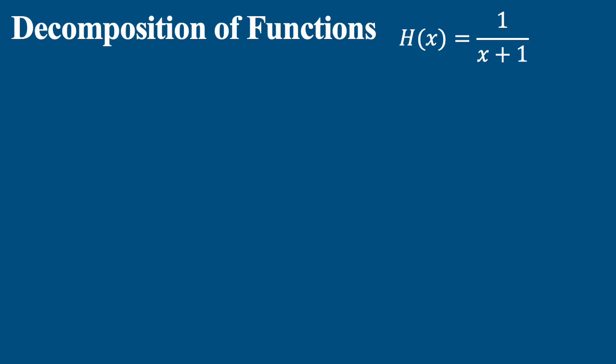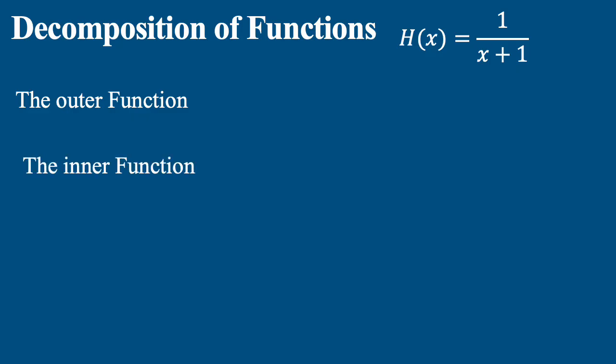Let's have one more example. I give the function h of x is 1 over x plus 1. What is the inner function? What is the outer function, guys? Your guess might be wrong, but keep trying. There's no one specific way of doing this. Make sure you find simpler functions, okay? So here, outer function, inner function.